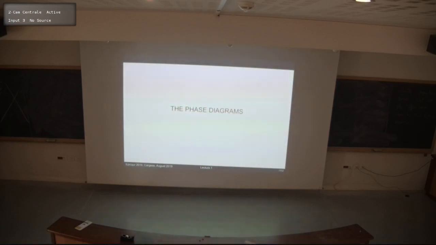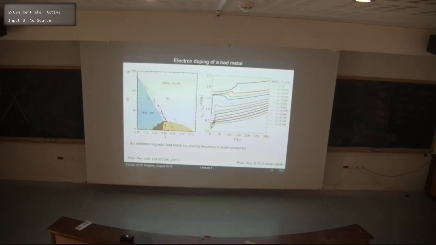So now let's discuss a few phase diagrams of these materials. So this is one of the most studied families of compounds, which is the 1,2,2. Here we have barium, iron, cobalt, arsenic, so we add electrons to the system. As I mentioned before, many of these materials start as being antiferromagnetic metals. This is the resistance versus temperature.